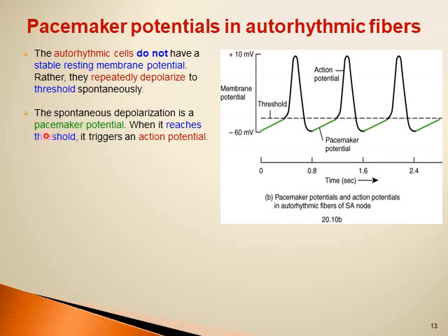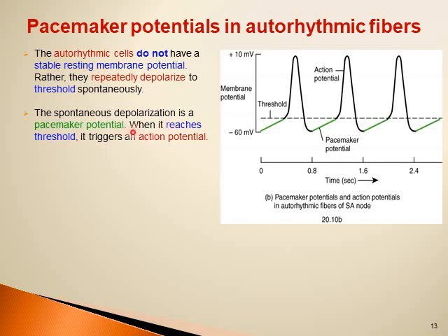Pacemaker potential is not an action potential. It prepares for action potential. So it is a gradual change in the membrane potential, or spontaneous depolarization, that brings the membrane potential of the cardiomyocyte to threshold, and then an action potential will be triggered.